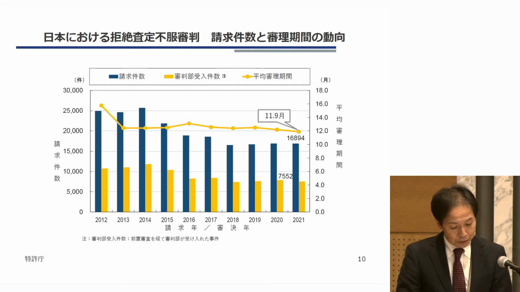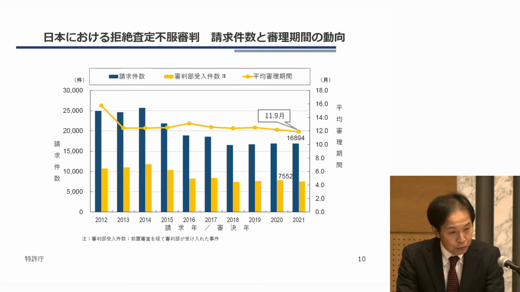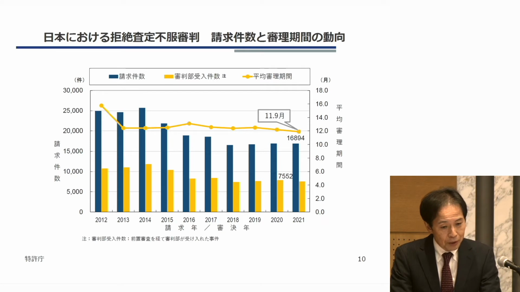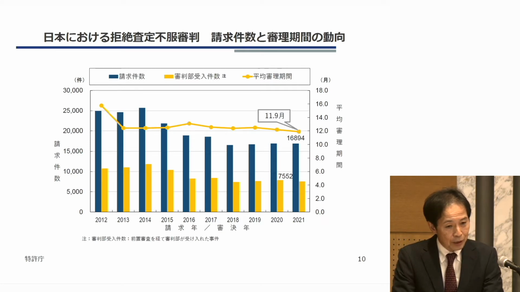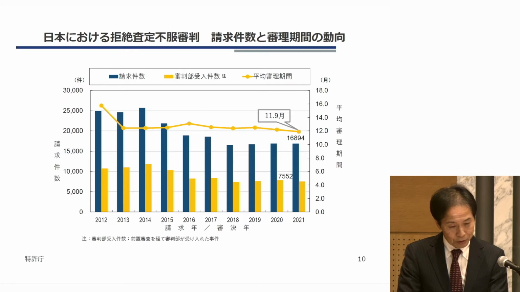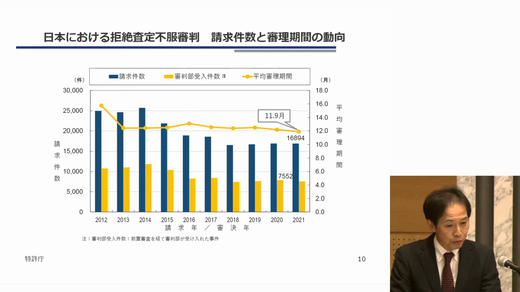In Japan, this is details about appeals to refusals. The blue bars here show the overall number of requests. The yellow bars show the number of cases that are actually accepted by the examination board.